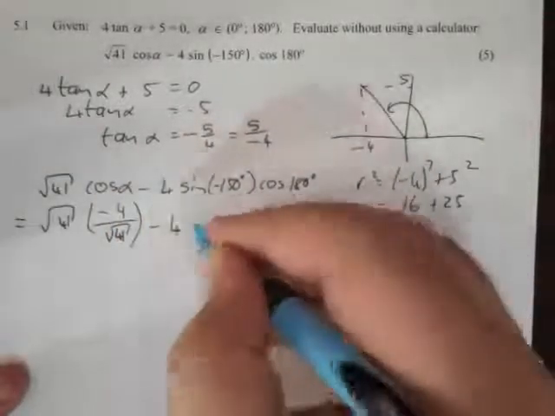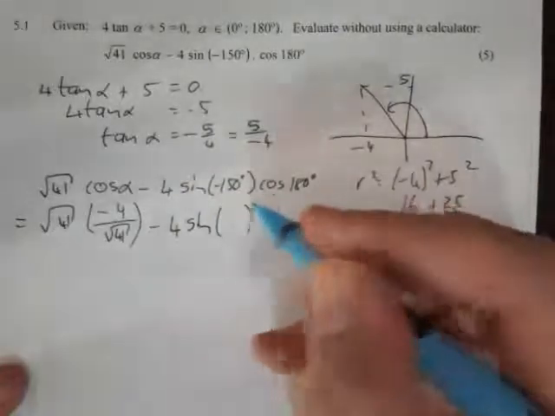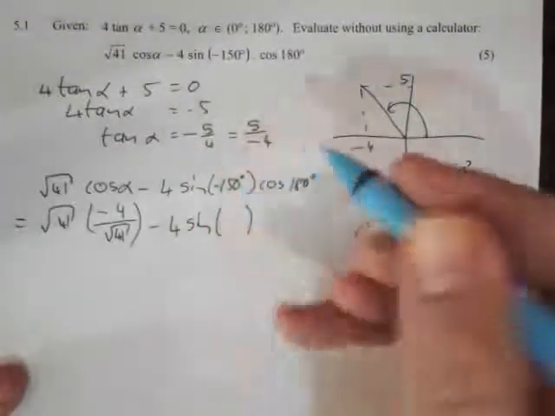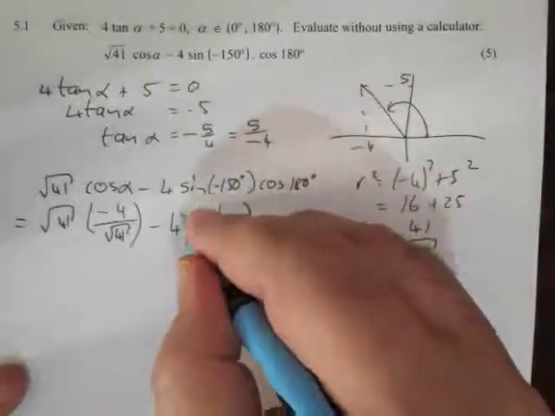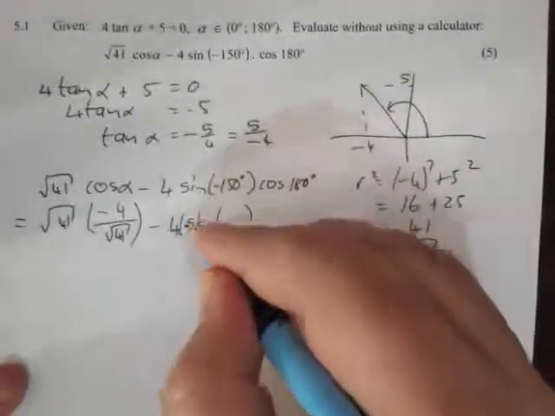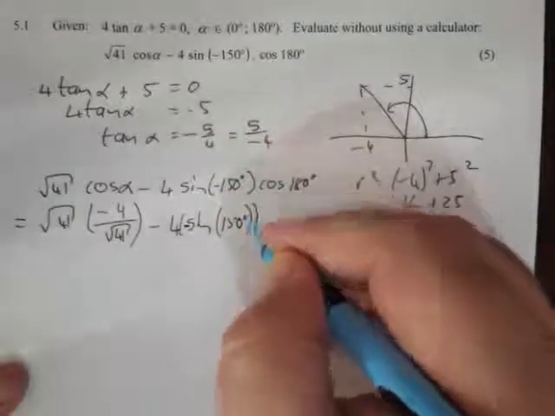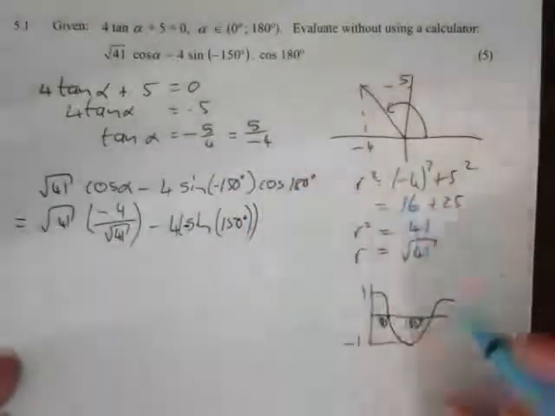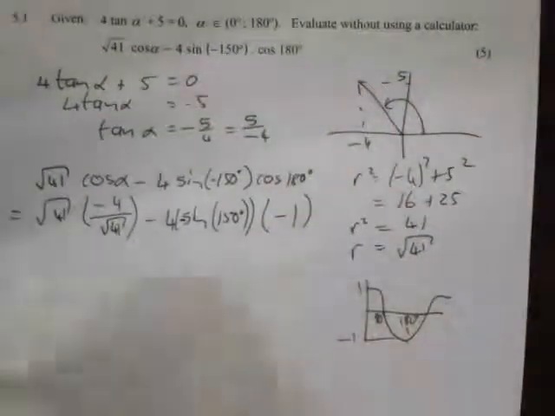So x is minus 4 over r, which is the square root of 41. Minus 4 sine of, okay, now I'm going to change that to a negative sine of a negative number, so it will be minus 4 of negative sine of 150 degrees. Now cos of 180 degrees is just minus 1.